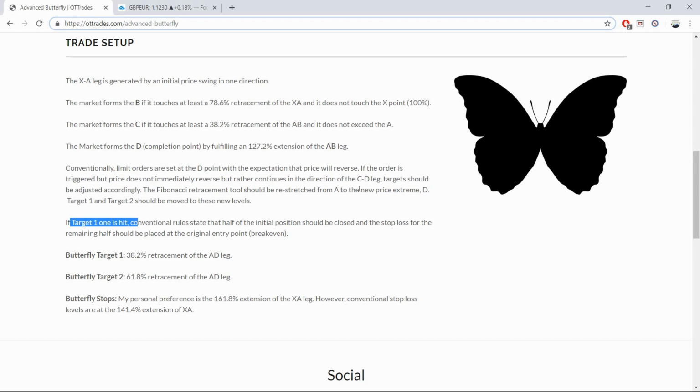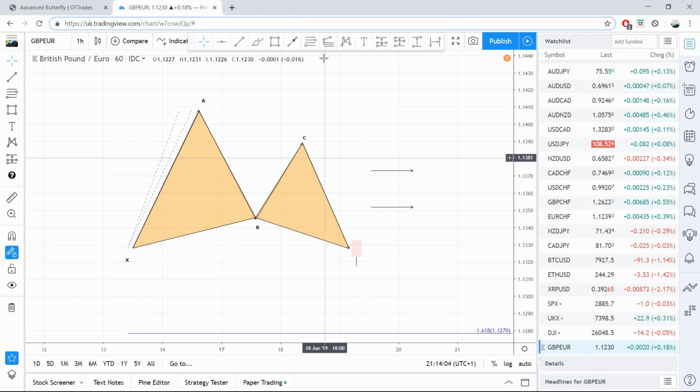If target 1 is hit, that's what we just went through, conventional rules state half the position should be closed, and the stop loss for the remaining half should be placed at the original entry point or break even.